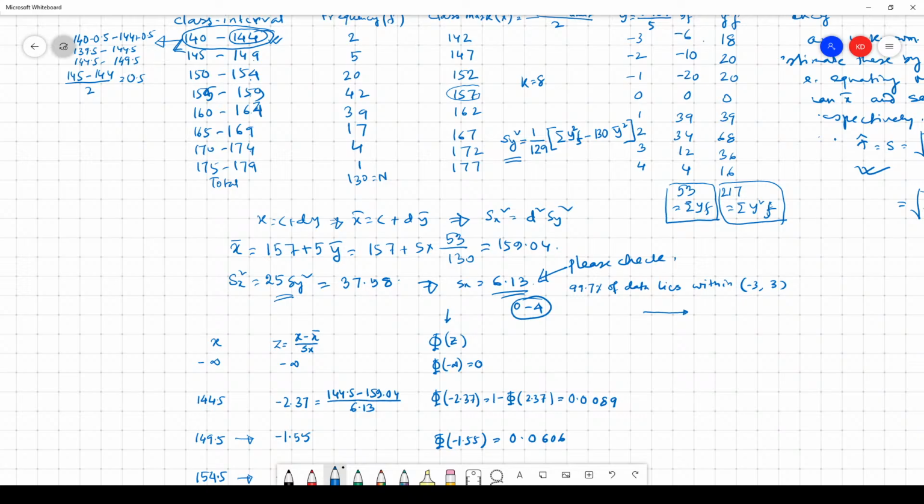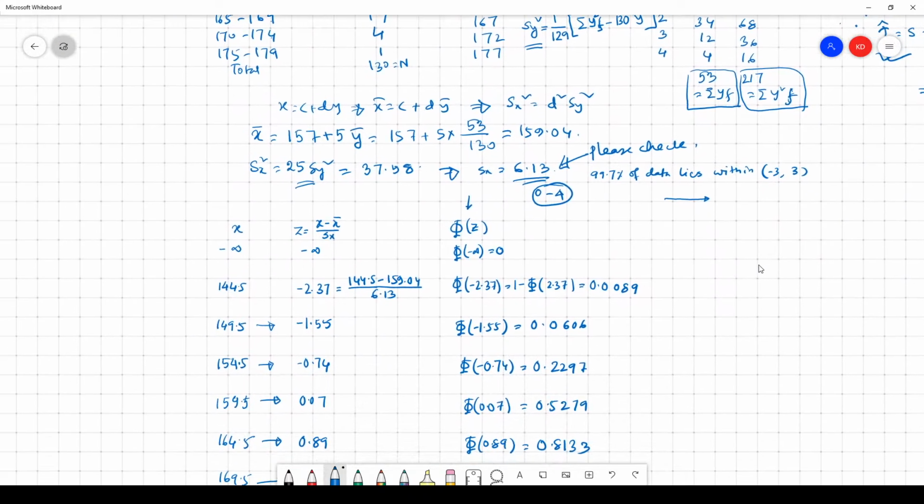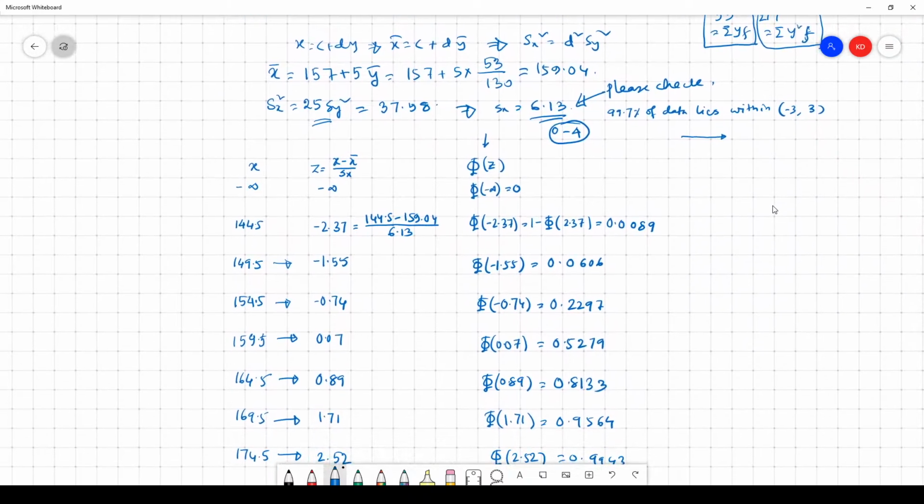But phi z gives the probability less than or equal to x. That means the probability that x is less than 144.5, less than 149.5, less than 154.5, and so on.